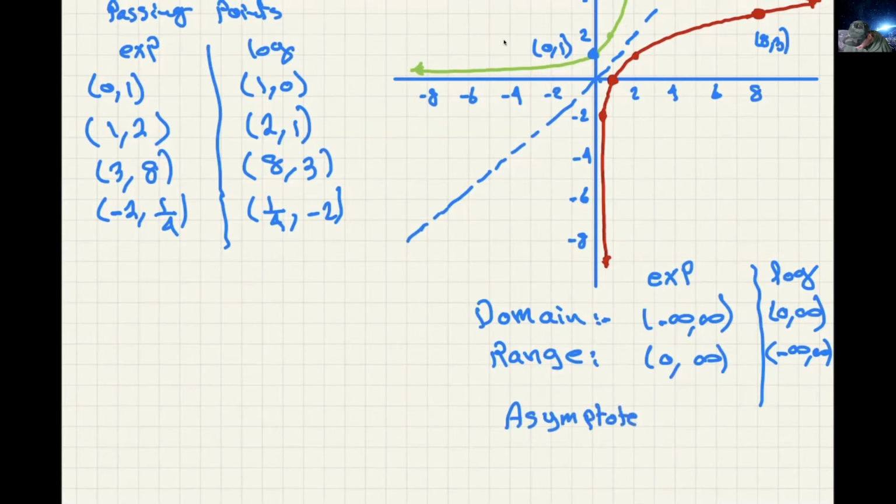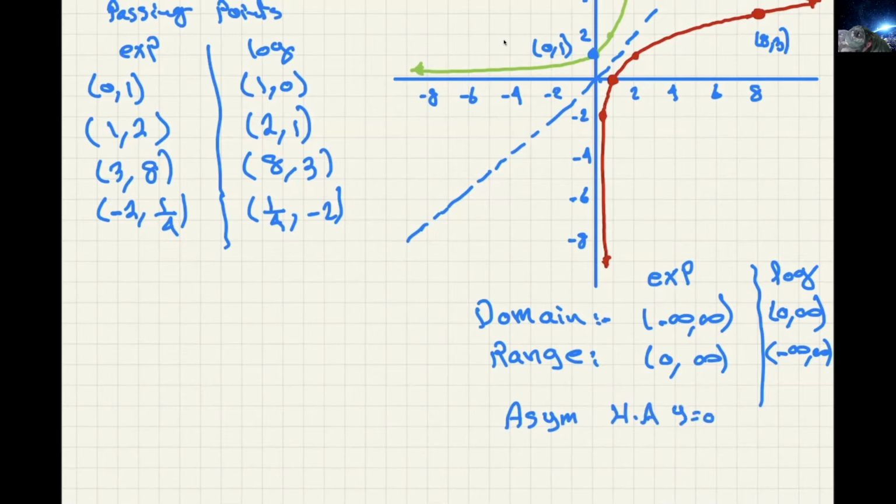So remember, for the exponential, as we said before, y equals 0 is the horizontal asymptote. Here is the horizontal asymptote, y equals 0.